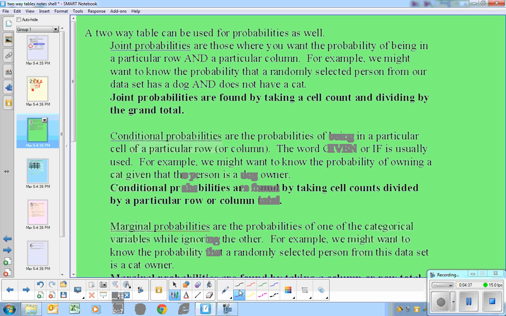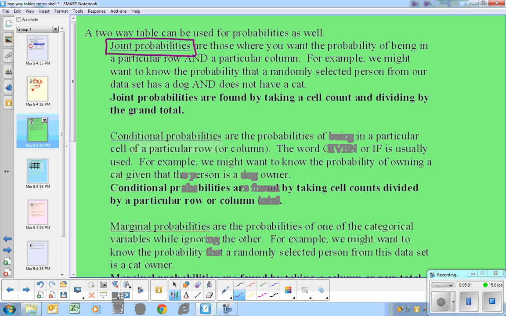But the point in naming them is not just to be able to know the vocabulary, but I think if you can identify the kind of problem you're doing, it makes it a little easier to actually do the correct calculation. So, for example, the first term here is what is called a joint probability. And a joint probability question is always going to use the word and.